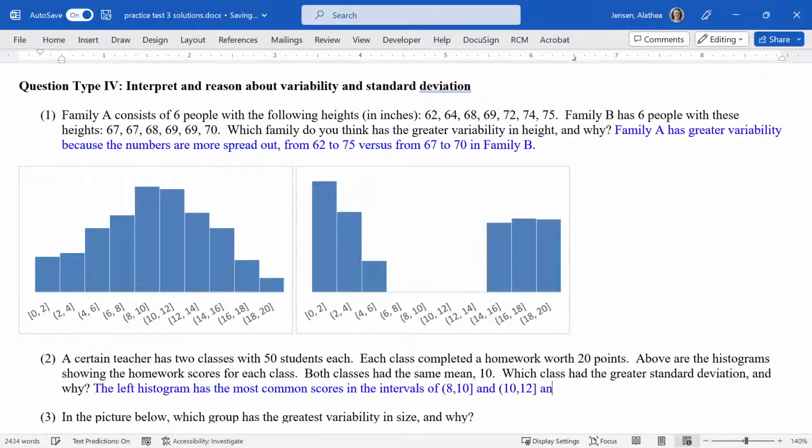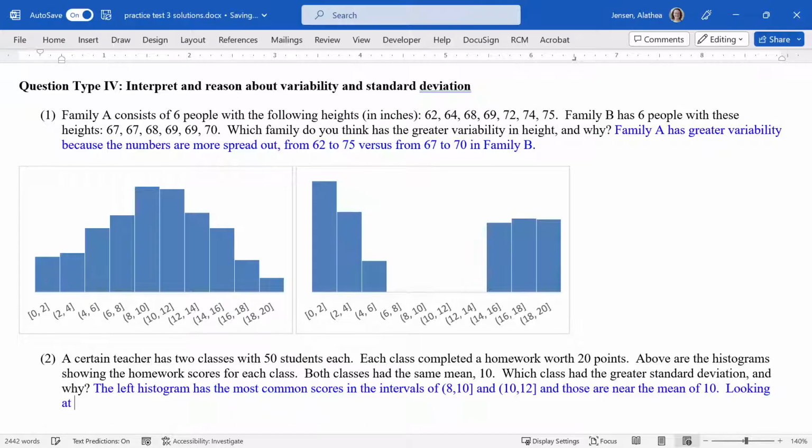And those are near the mean of 10. So looking at intervals further from the mean, they have fewer and fewer students in them.